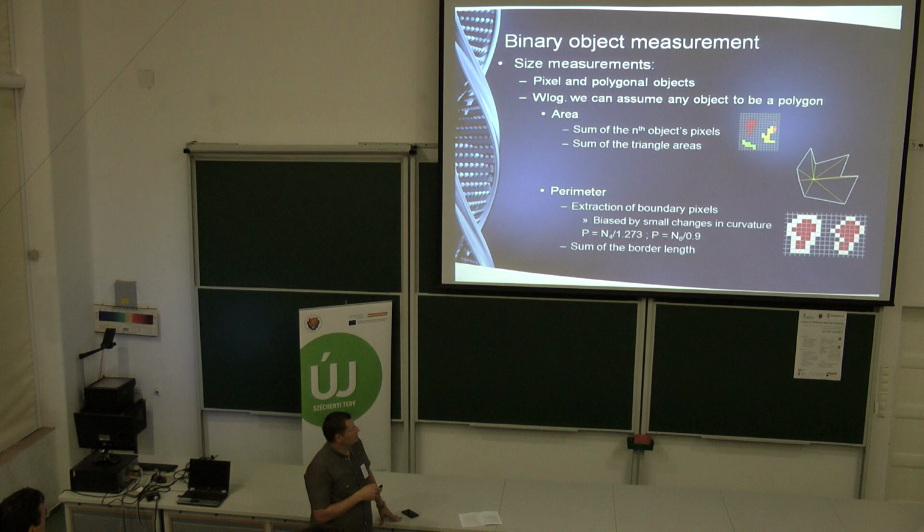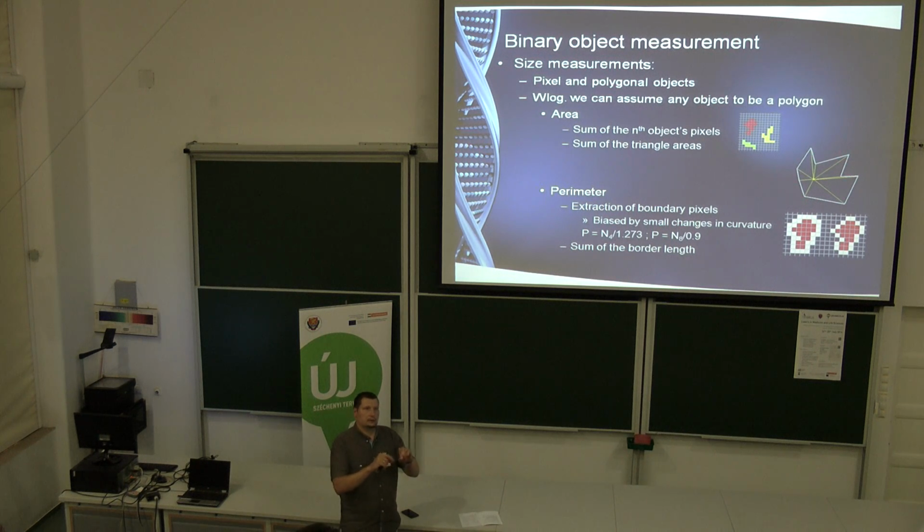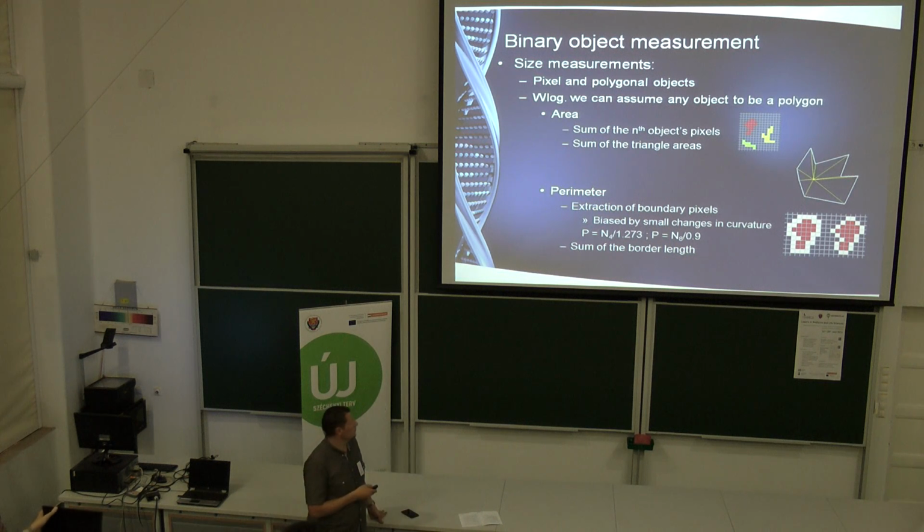If it's represented by the pixels, the area is not that difficult. We just count how many red, green or yellow dots we have. And if we have an object represented by its contour, then the easiest way is to triangulate it, and then it's very easy to measure the size of the triangles.